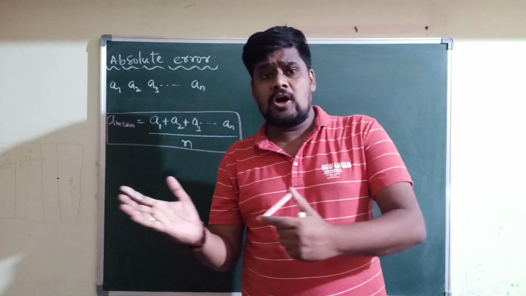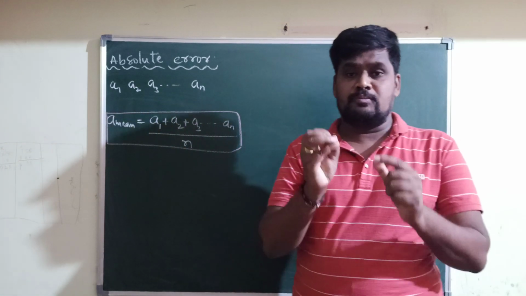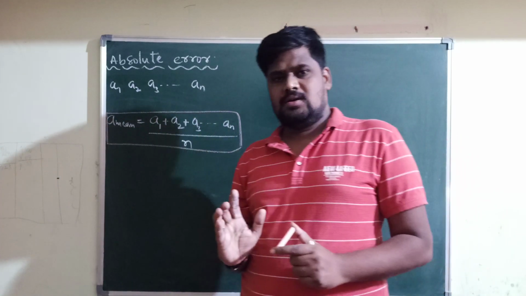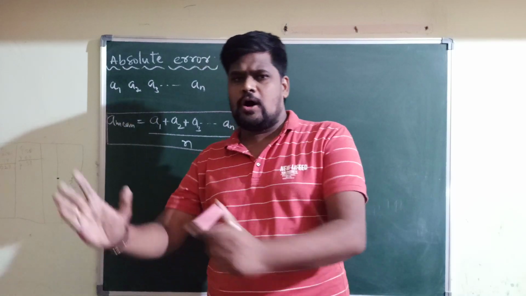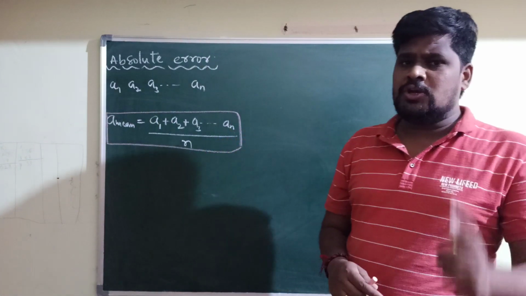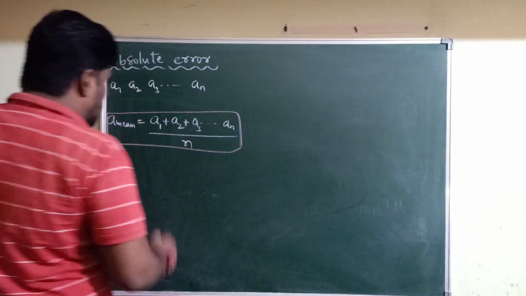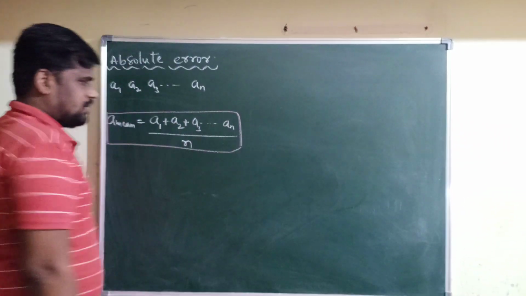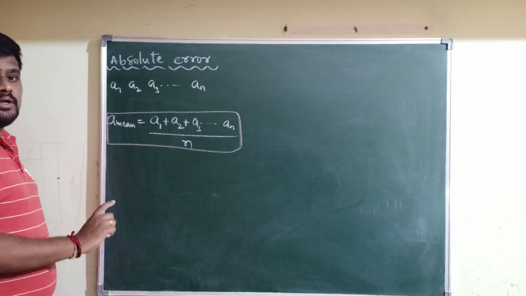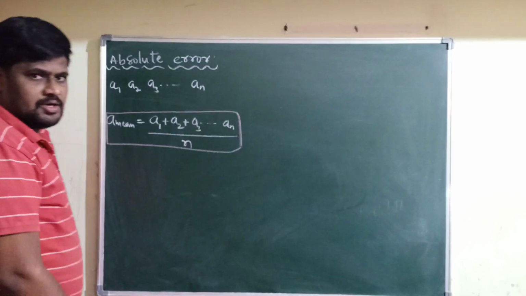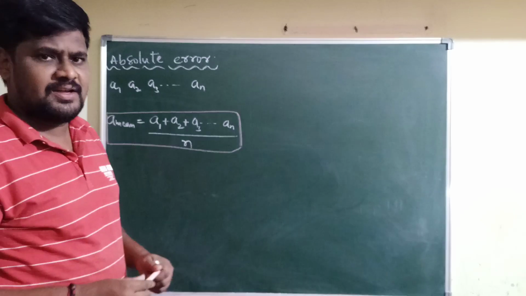These are all called observations made by the observer. Then how do you take the mean of all the observations? The mean is estimated by adding all the observations divided by the number of observations.